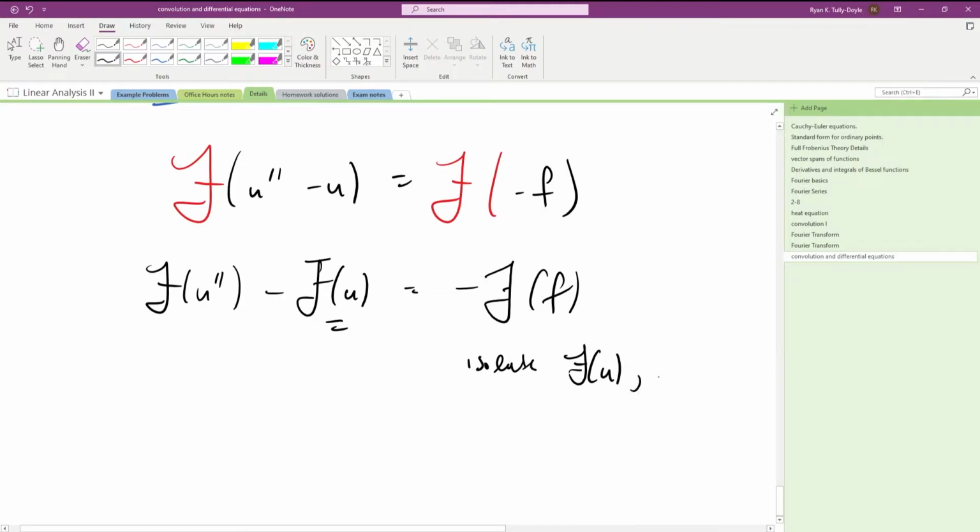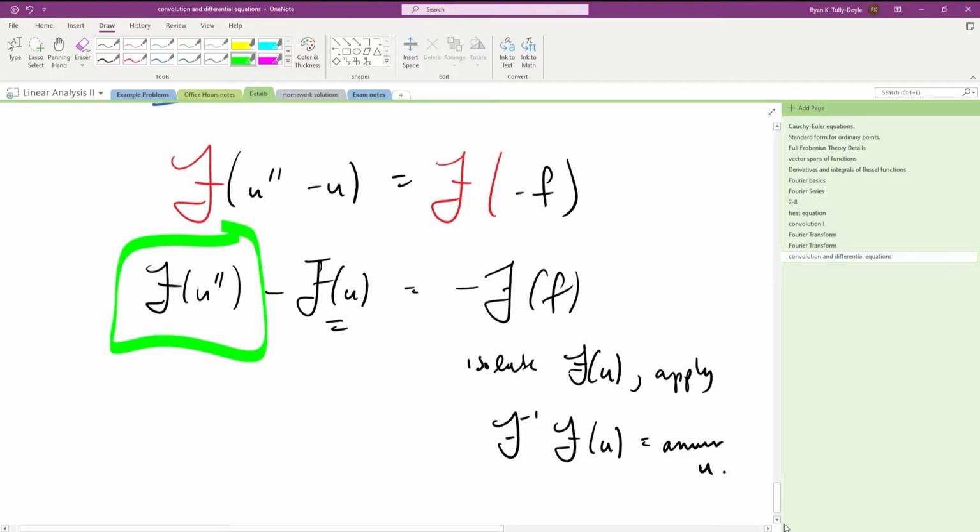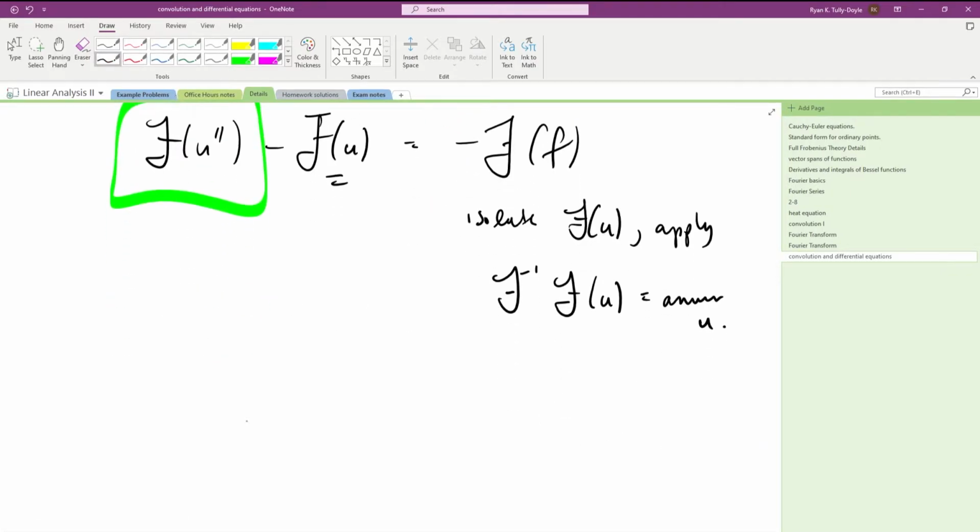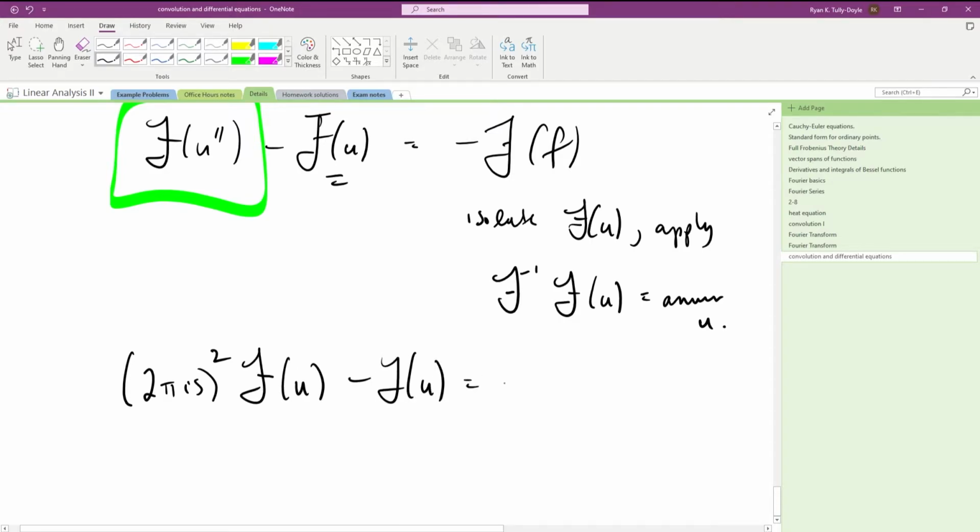Because if I can, then I can apply F inverse to the Fourier transform of u, and that will give me the answer u. So that's what I want to do. I'm going to apply the derivative formula to that term, and I get the following: (2 pi i s) squared times the Fourier transform of u minus the Fourier transform of u is equal to minus the Fourier transform of f.